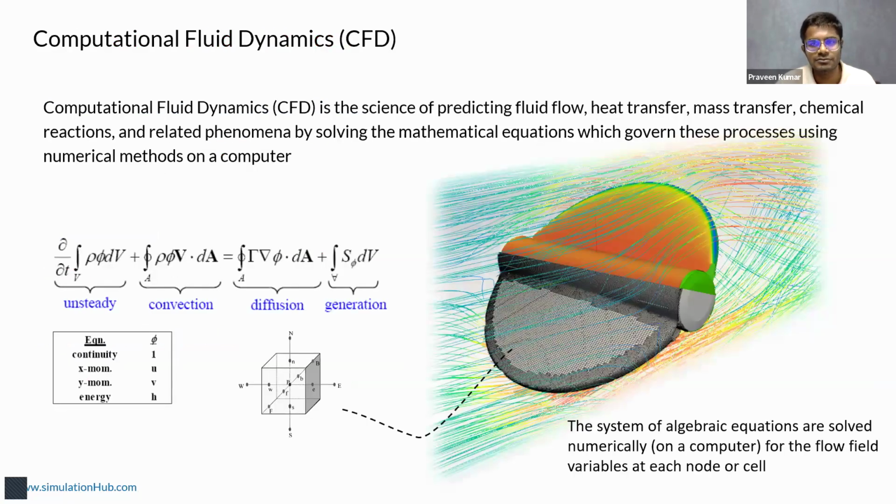Coming to computational fluid dynamics, it is the science of predicting fluid flow, heat transfer, and other associated flow physics using numerical methods solved in a computer. Your flow domain, where the fluid flows, is discretized into these kinds of shapes, called a mesh, and then the governing equations are solved in numerical form in a discretized form in these mesh elements.